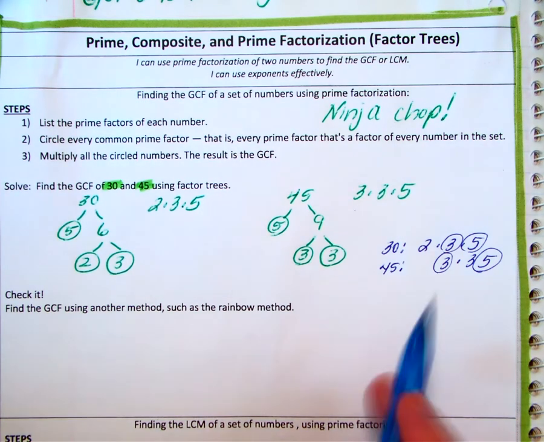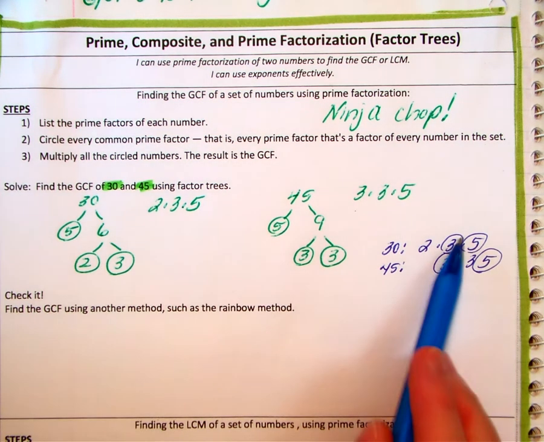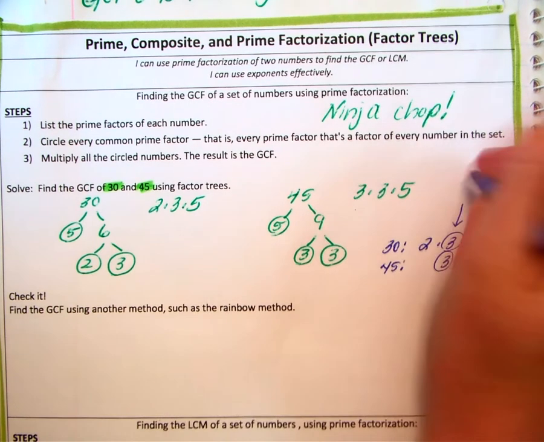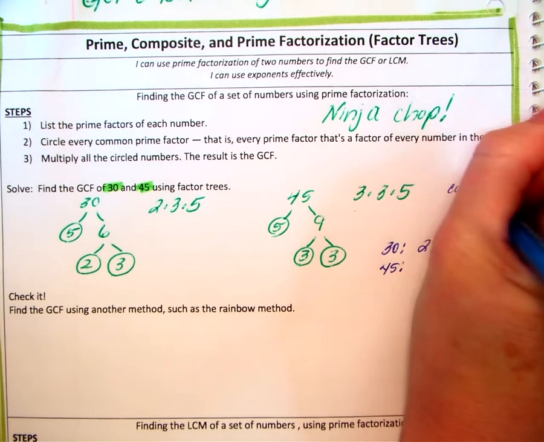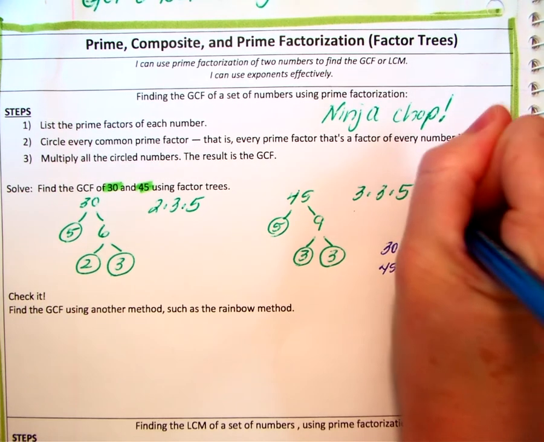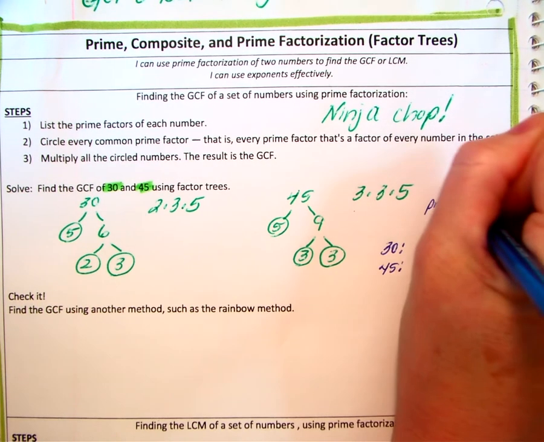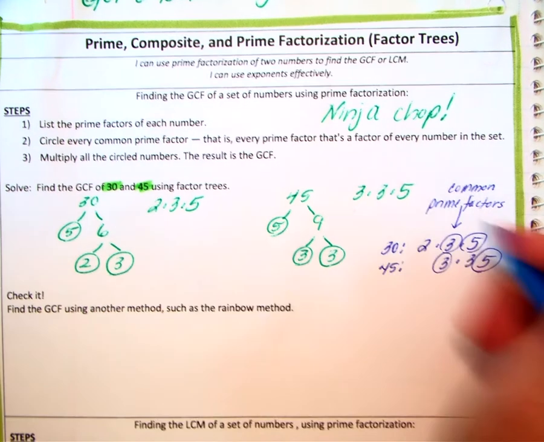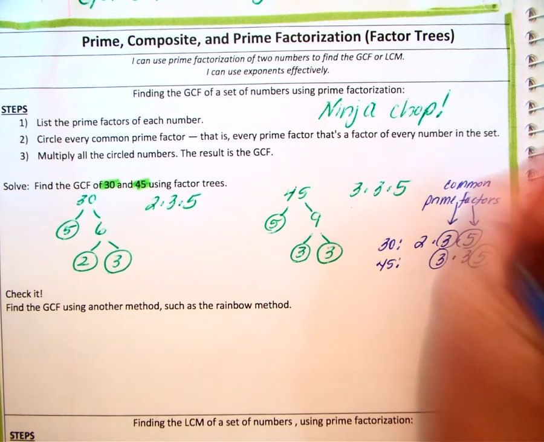Now, these were common prime factors. They each had it. Common means basically alike. Prime factors, you get prime factors when you use a factor tree. So they share 3 and 5.